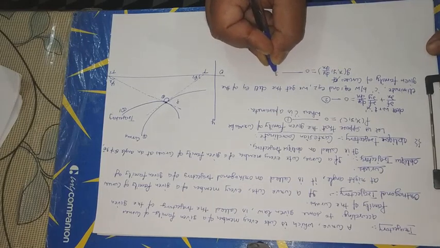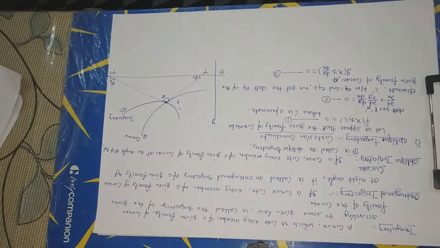This is equation number 3. But psi 1 is the angle of the tangent at the curve with the x axis.